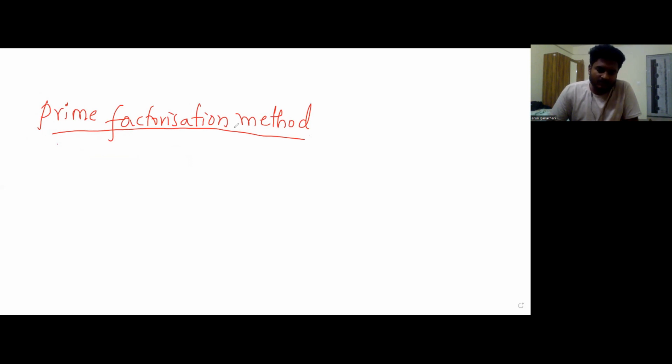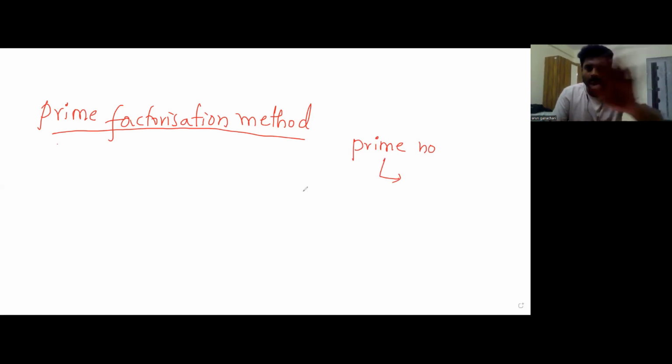What is the prime factorization method? I think all of you know what a prime number is. We'll start from there. A prime number is a natural number greater than 1 which is not a product of two smaller numbers.